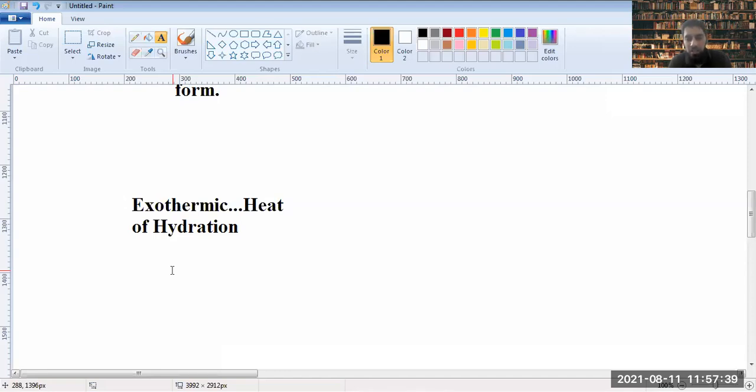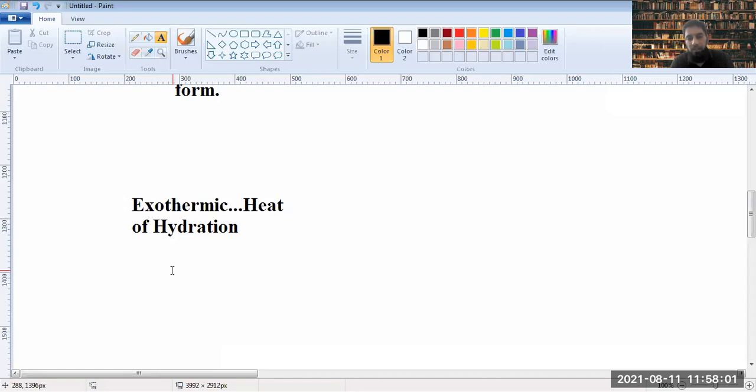If heat is not generated, then the reactions are not happening. So your concrete will be very poor. If the reactions are happening, if the heat is generated, you are measuring that from the temperature, so the reactions are happening in that case. That means your concrete or the cement final product will be strong enough.